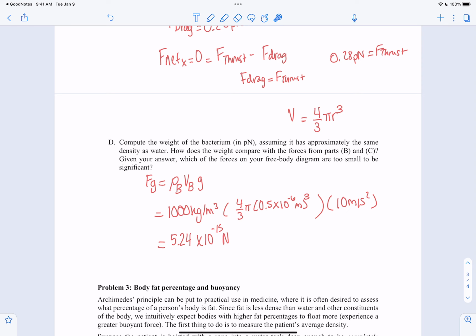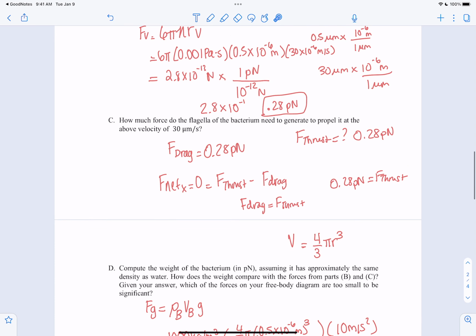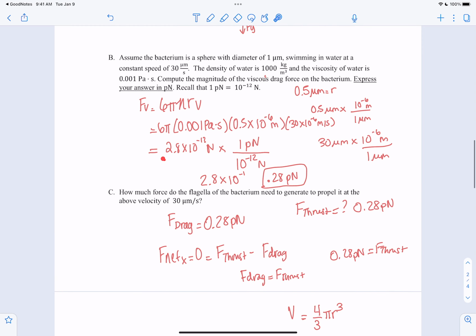If you look at it, these forces, the vertical forces, gravity and buoyancy, are smaller than the horizontal forces, right? They're pretty small compared to the horizontal forces, because the horizontal forces are equal to 2.8 times 10 to the negative 13 newtons.